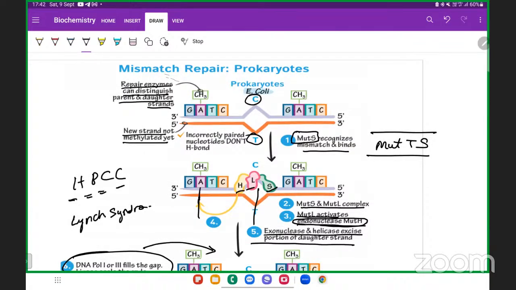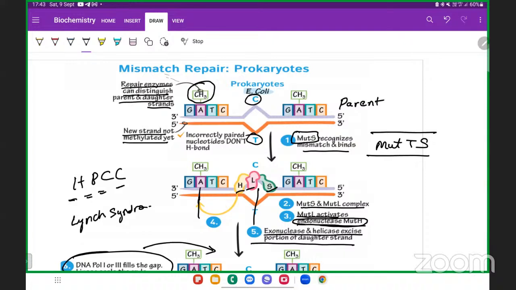So what you have is, this is your parent strand, 5' to 3' on the parent strand. In the parent strand, you're going to have this CH3, methylation. The CH3 is not copied to the children, or you can say the progeny.